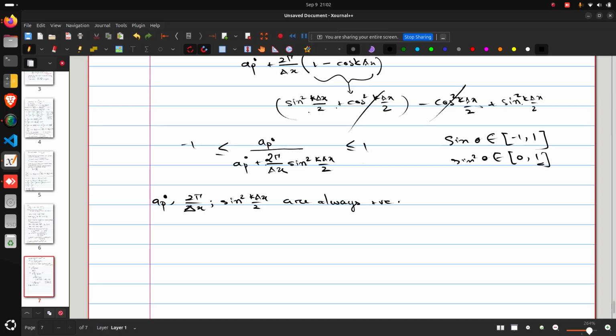Okay, so what does this mean? So at the minimum sine square k delta x by 2 value, that is 0, we have AP naught by AP naught, which is equal to 1.